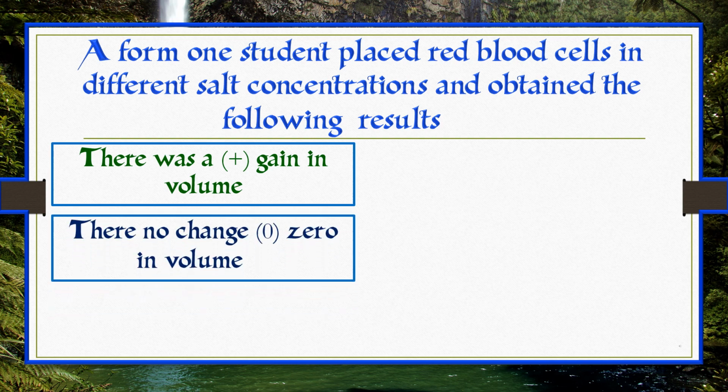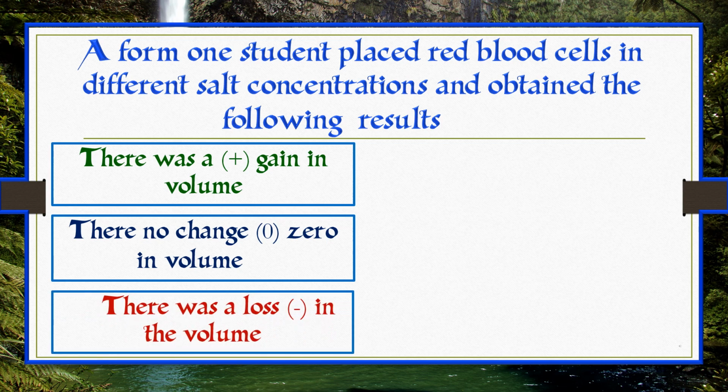In the second, there was no change, meaning there was zero gain in volume. In the third, there was loss in volume. So explain these results.